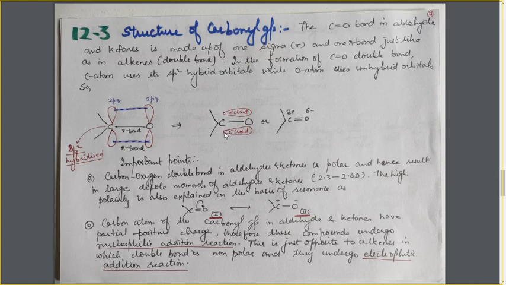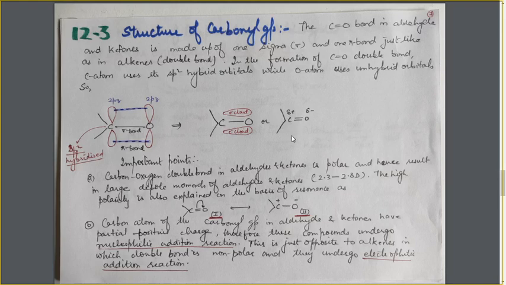Now, the shape of the electron cloud here is somewhat different, because oxygen is more electronegative as compared to carbon, so it attracts the electron cloud more towards itself. So the electron density shifts more towards the oxygen as compared to carbon. As a result, this C double bond O group is polar in nature due to the difference of electronegativity, with partial negative charge on the oxygen atom and partial positive charge on the carbon atom.